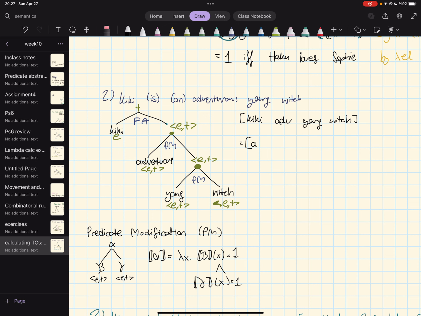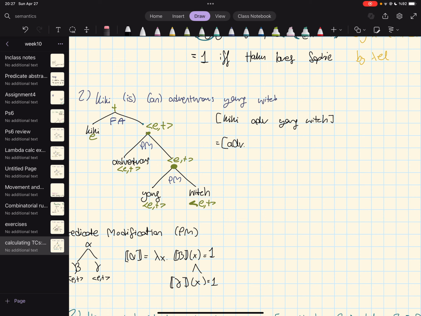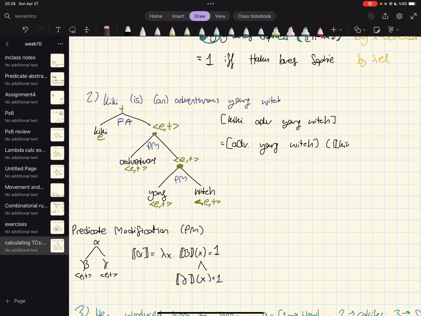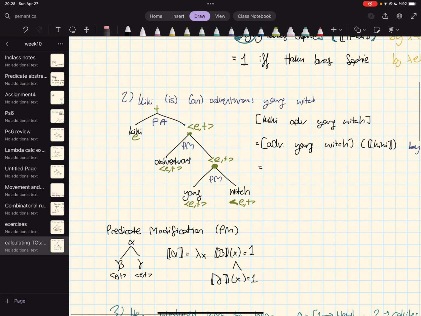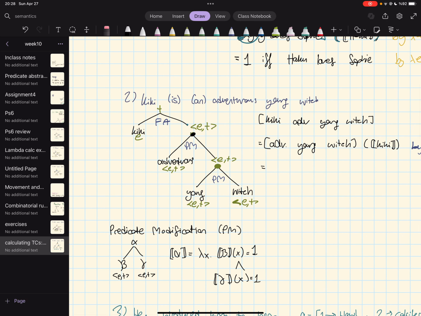Therefore, this node denotes adventurous, young, witch, which takes Kiki as the argument, by FA. Next step will be to use predicate modification to factor out adventurous and young witch, like separating adventurous and young witch.